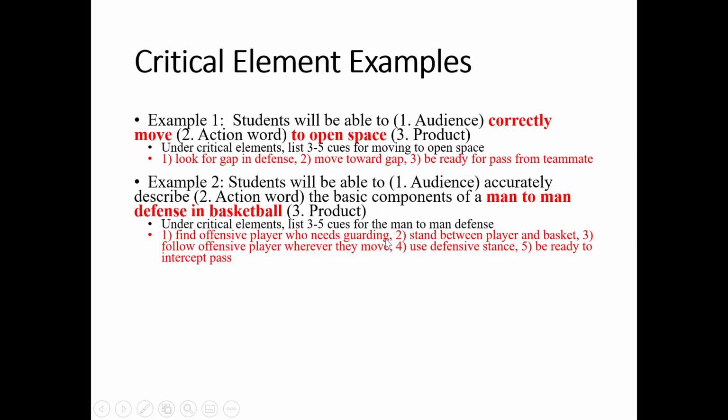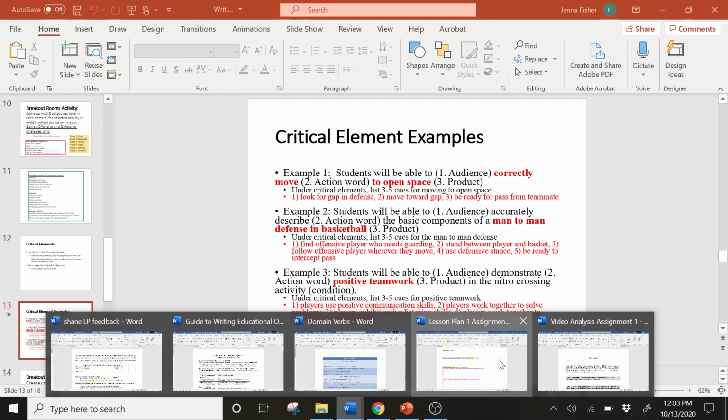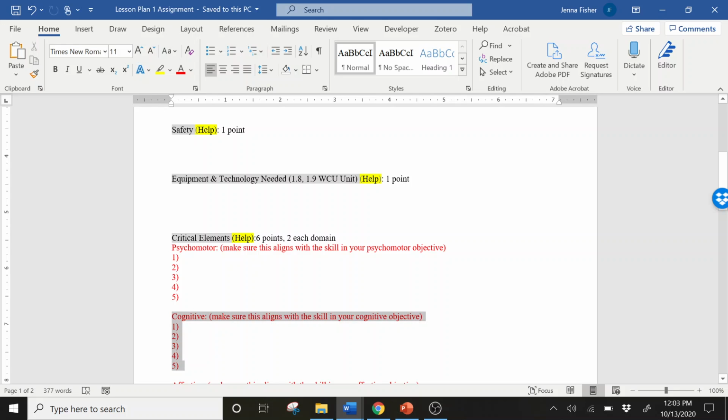Find the offensive player who needs guarding, stand between that player and the basket, follow the offensive player wherever they move, use a defensive stance, and be ready to intercept a pass. So those would be the critical elements I would list, because this is a cognitive objective, because we're looking that they describe these things, not that they demonstrate, they're describing it. I would put that in my lesson plan under the cognitive.